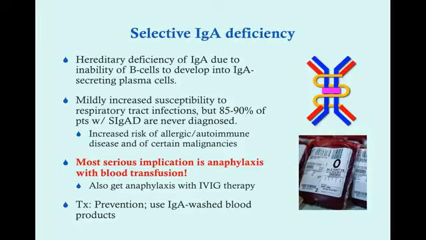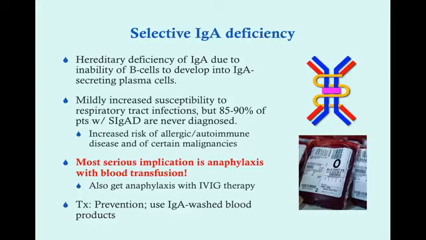In many cases, it's been described as autosomal dominant, but that's probably only because in cases where we know it's hereditary, the only person we know has it is a parent, and so we assume it must be autosomal dominant. But all sorts of patterns have been described. So for that reason, we call it selective IgA deficiency because we don't know to what degree it's even hereditary at all.